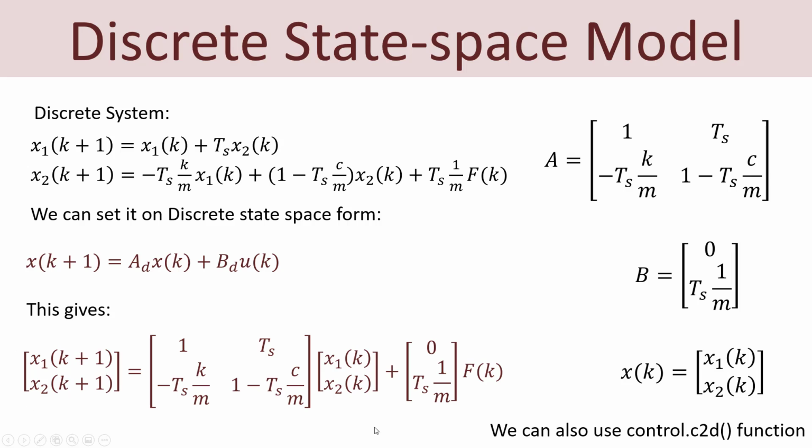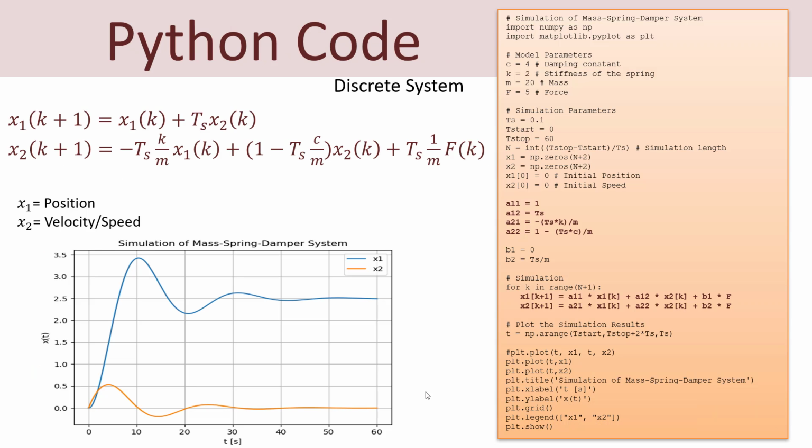And this gives the following system as denoted here, where we have the discrete version of the A matrix and the discrete version of the B matrix. So let's implement this system in Python.